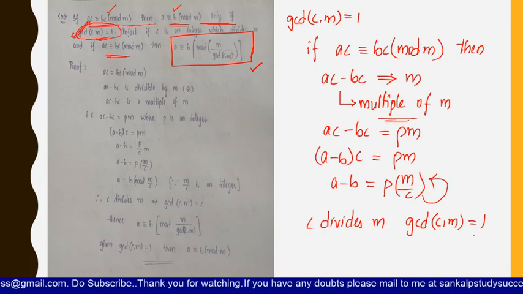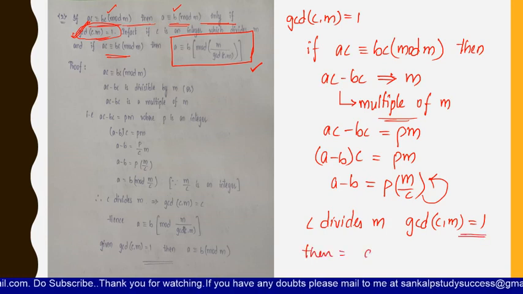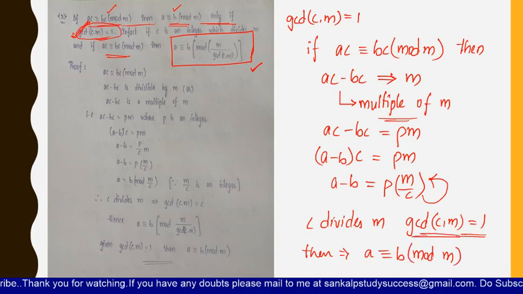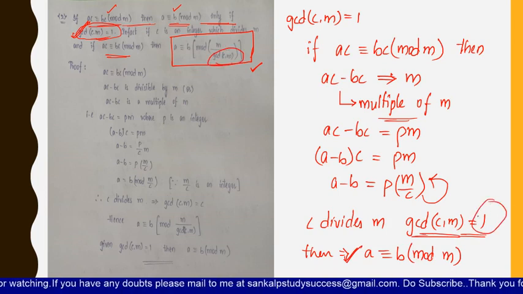So if this is equal to 1, then A is congruent to B mod M, right? Why, if this is equal to 1, is this true? Because if you substitute GCD of C comma M as 1, then it again becomes the same equation, right?